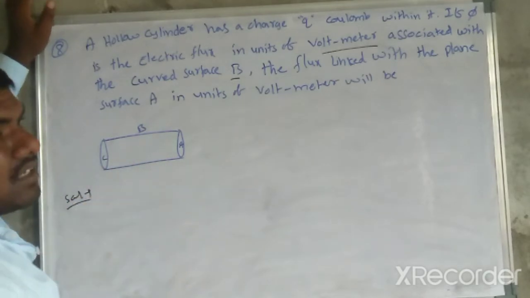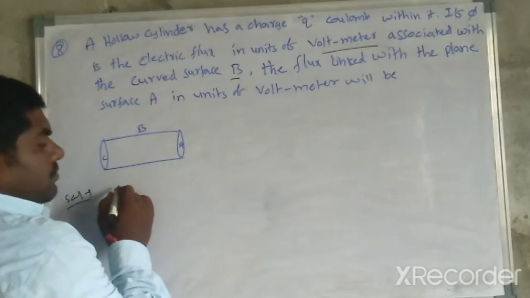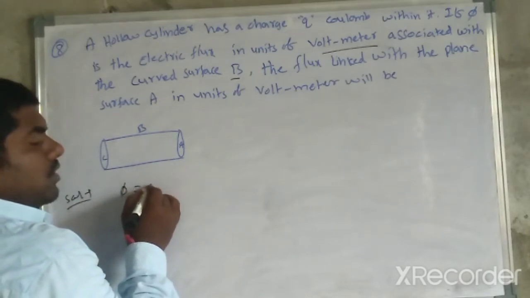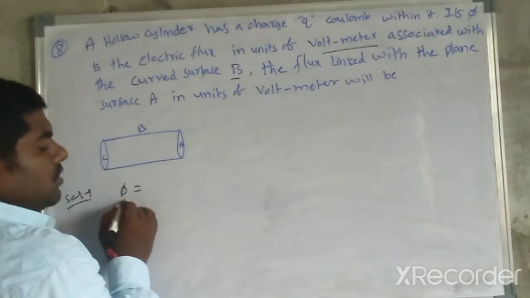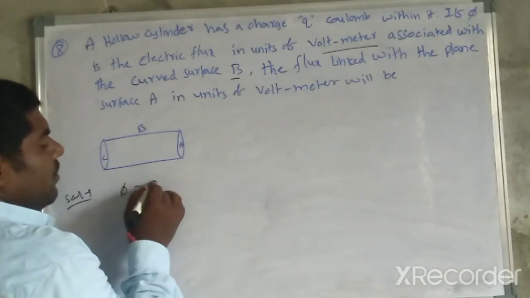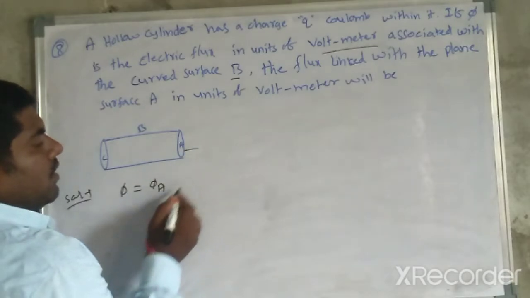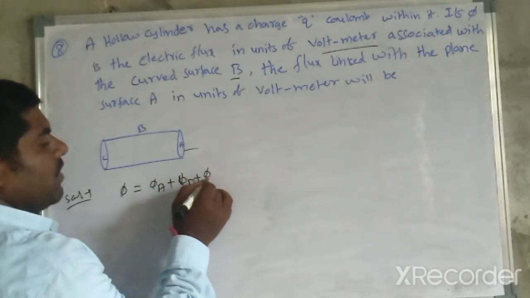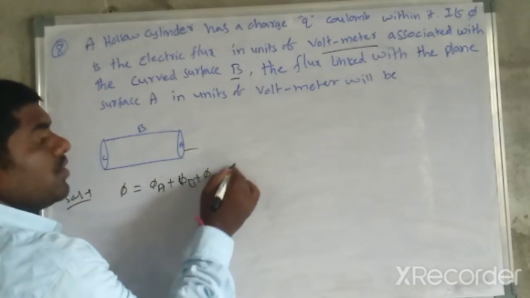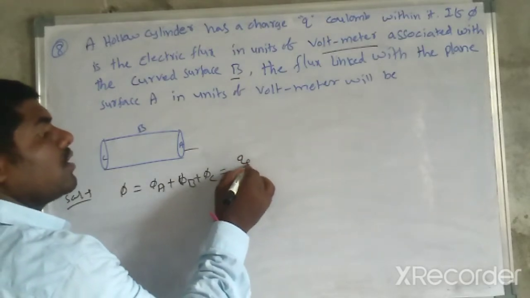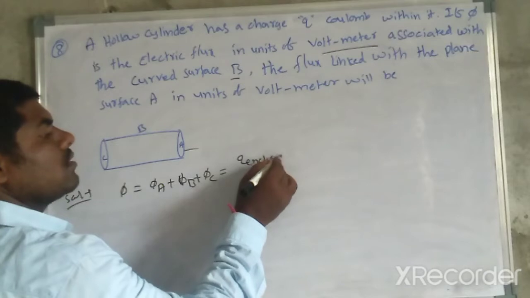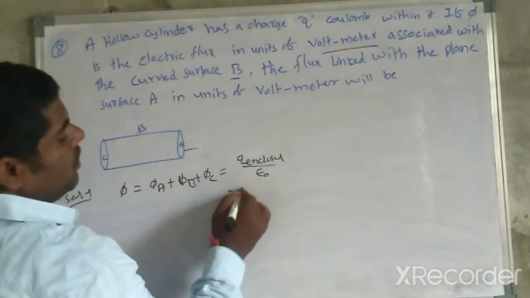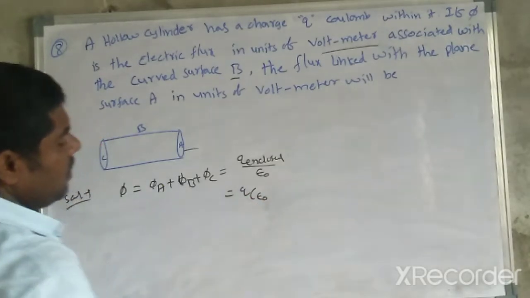According to Gauss law, the total electric flux, which is the flux on A area plus flux on B area plus flux on C area, should be equal to Q enclosed by epsilon naught, that is q upon epsilon naught.